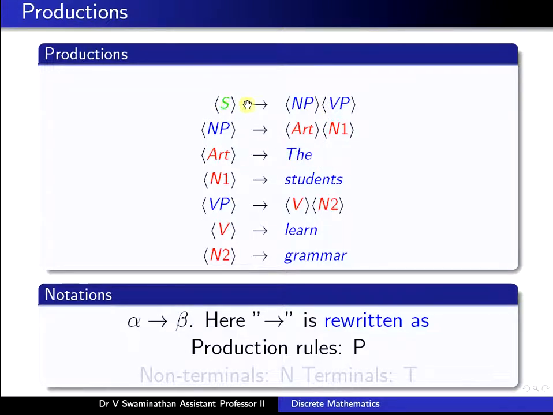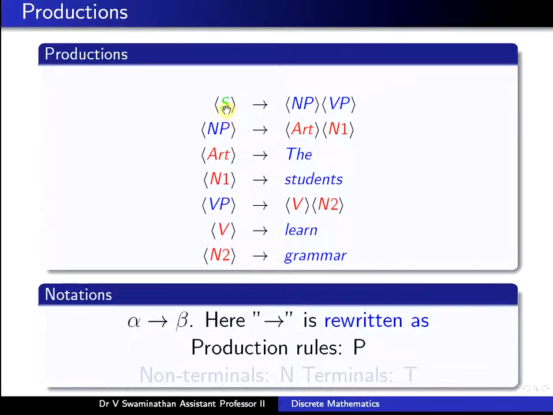For example, S produces NP VP, NP further produces article and N1, article also further produces the. Similarly, noun 1 further produces students. We can apply the same argument for the rest of the production rules also.